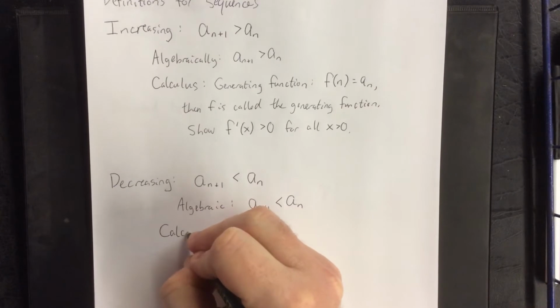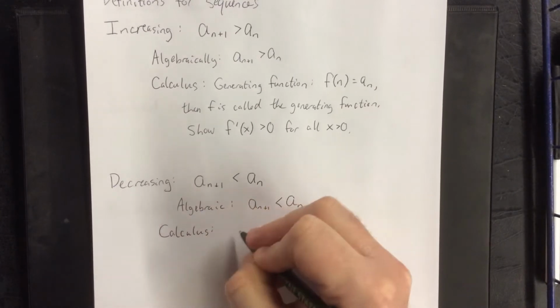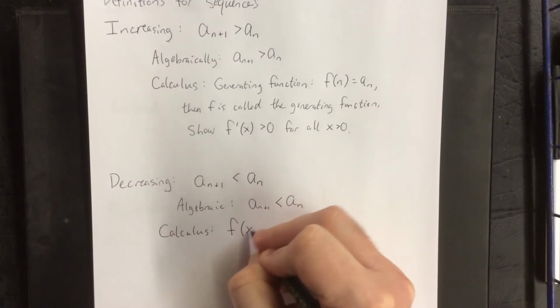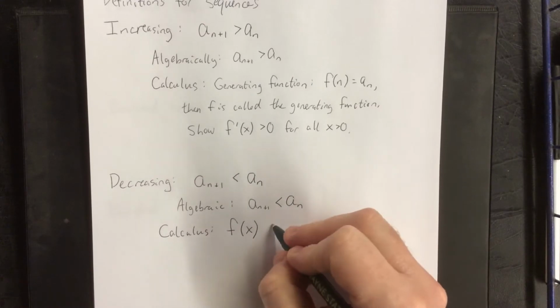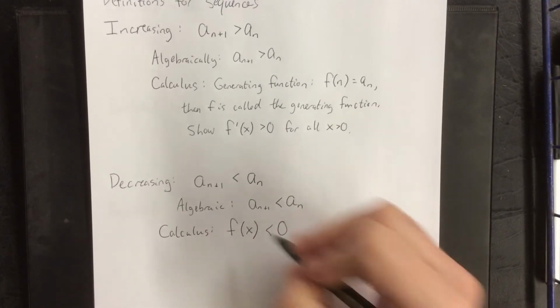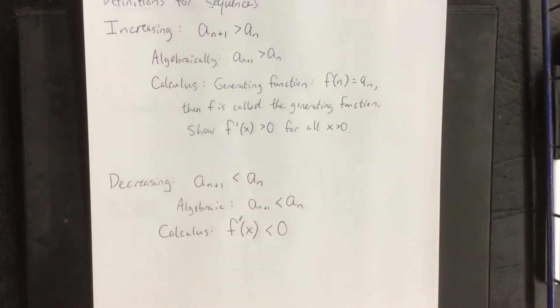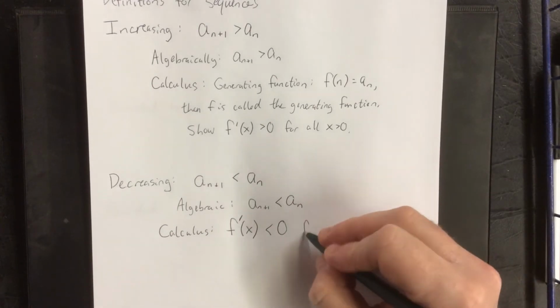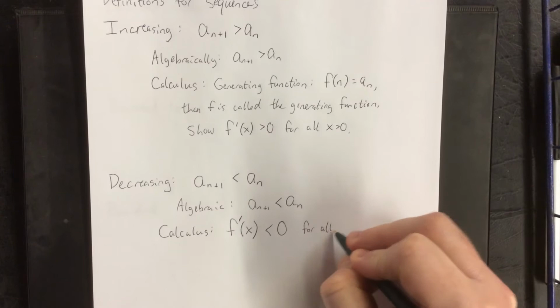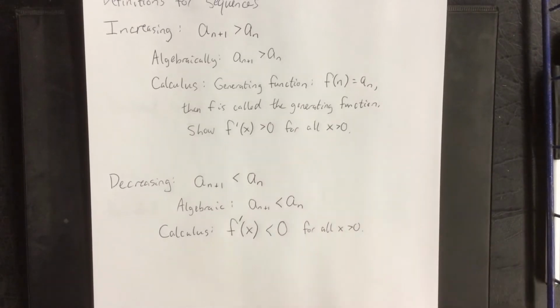As far as calculus is concerned, the way that we show that something is decreasing is once again find that generating function and show that the derivative is less than 0. If a derivative is less than 0 for all x being greater than 0, then you have shown that the sequence is always decreasing.